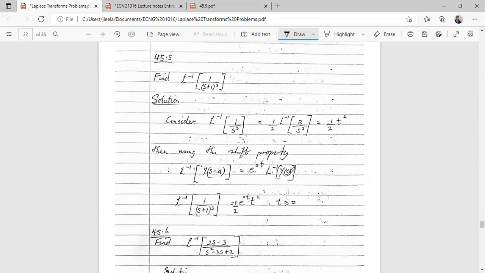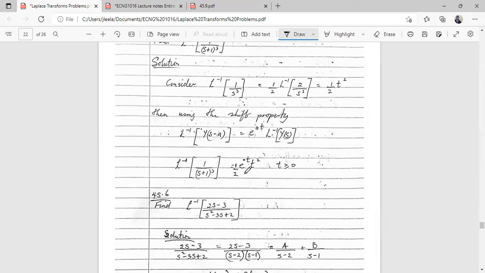So therefore, we could apply the shift property here, the Laplace inverse of F of s minus a is equal to e to the at, the Laplace inverse of F of s. So your F of s here will be this part here, the 1 over s cube.